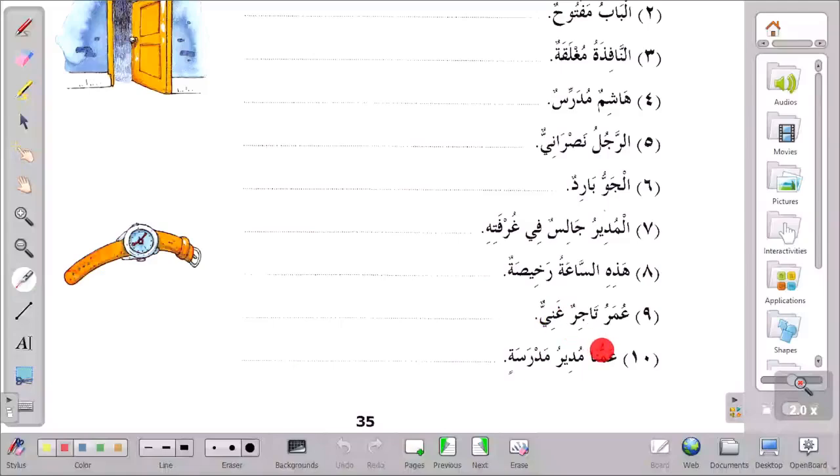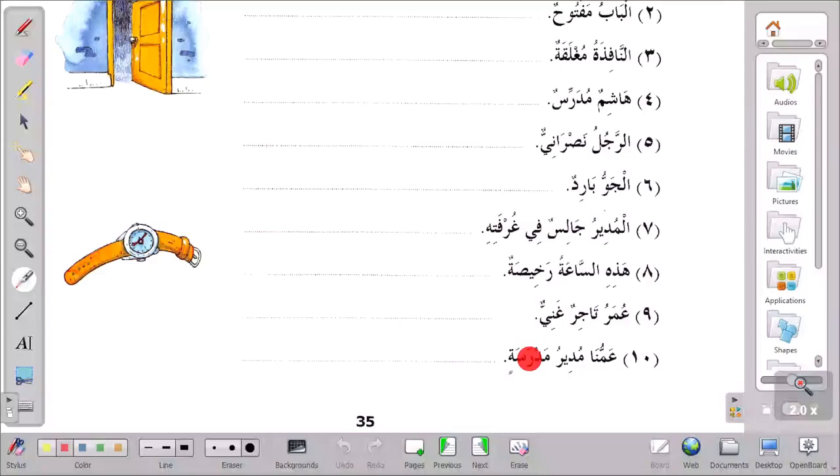The 10th one. Ammuna mudiru madrasatin. Our paternal uncle. You can remember Ammun, paternal uncle. Our paternal uncle is the head of a madrasa.